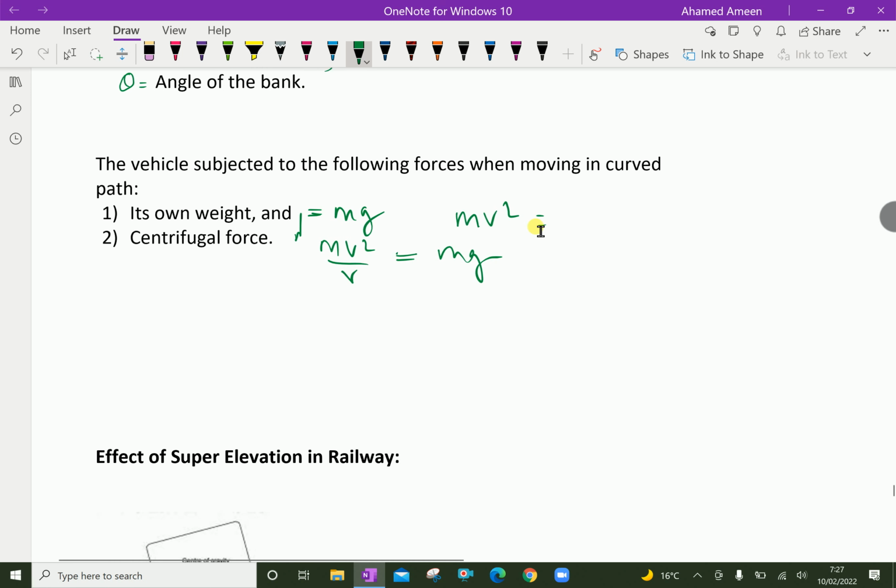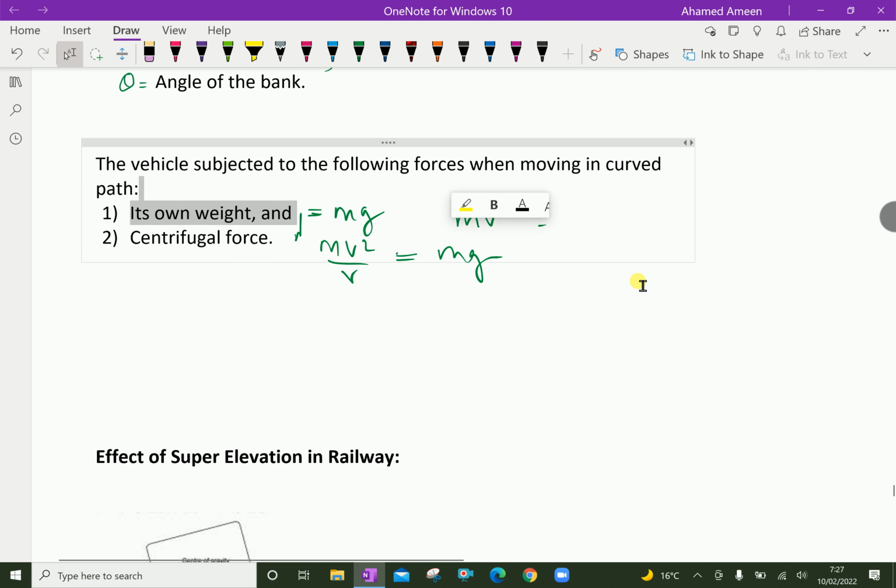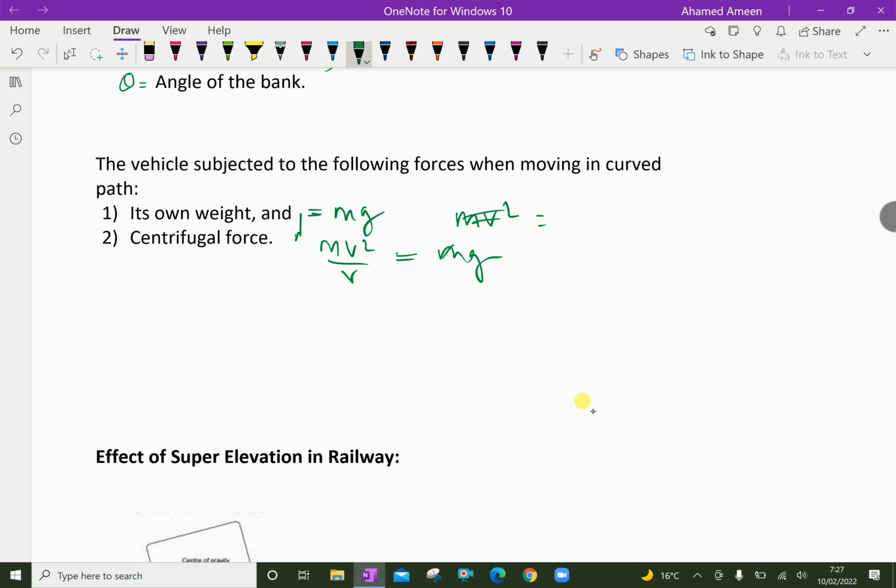Then from that, m is cancelled, so v equals the square root of gr.